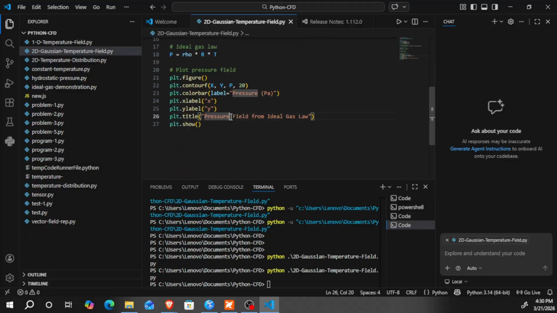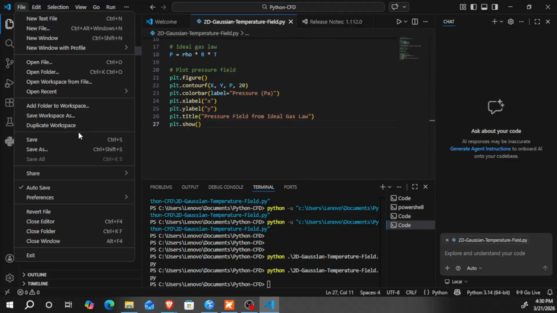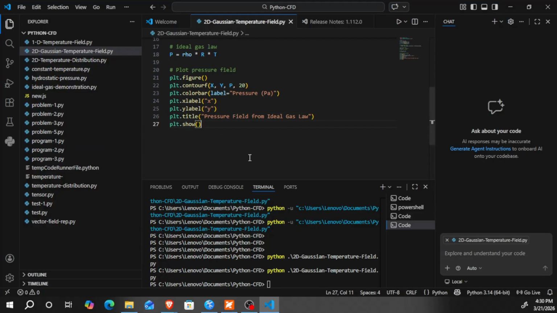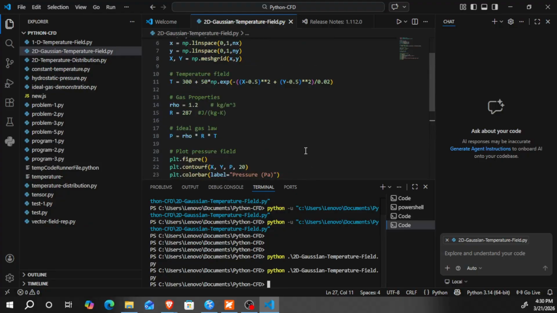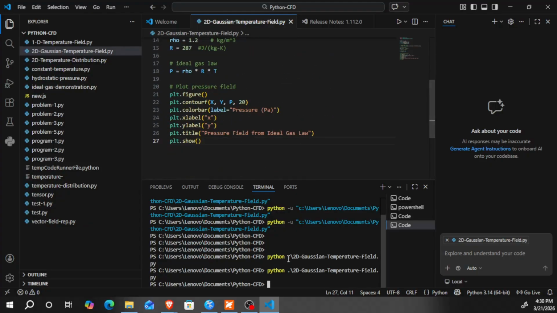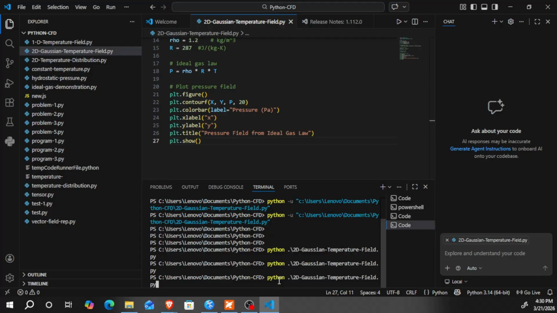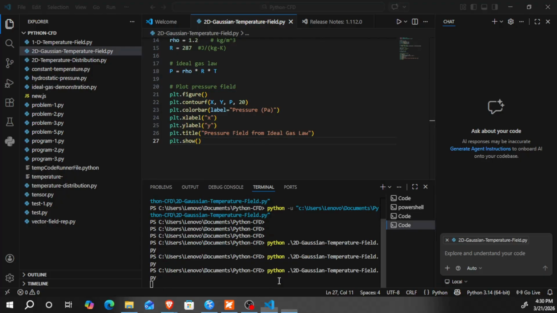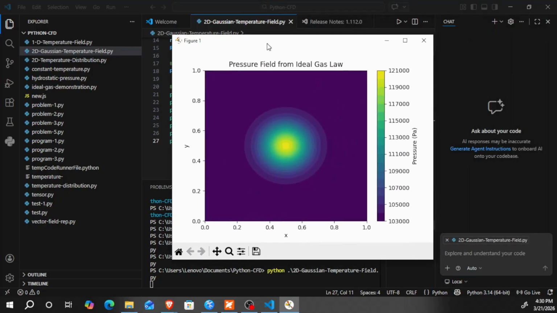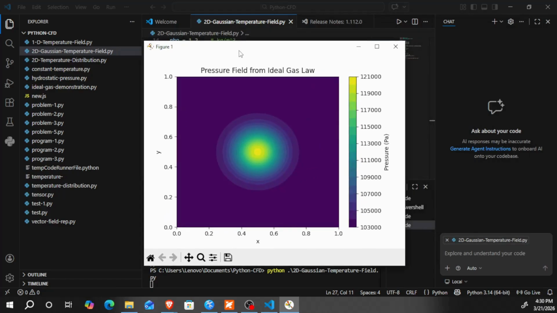I will try to save it first and then use the terminal to run it, because last time we had issues. So I'll use the terminal this time, and let's hope it runs. And see, we have obtained the pressure field from the ideal gas law.